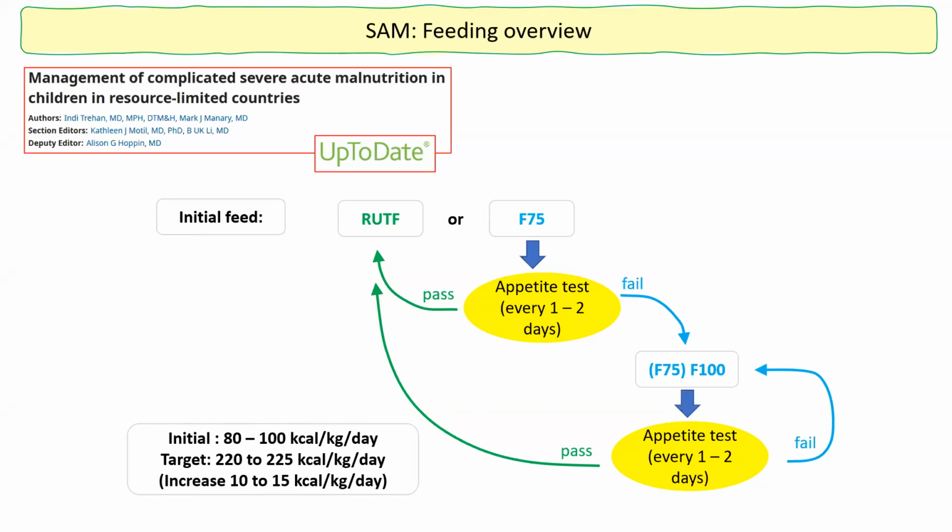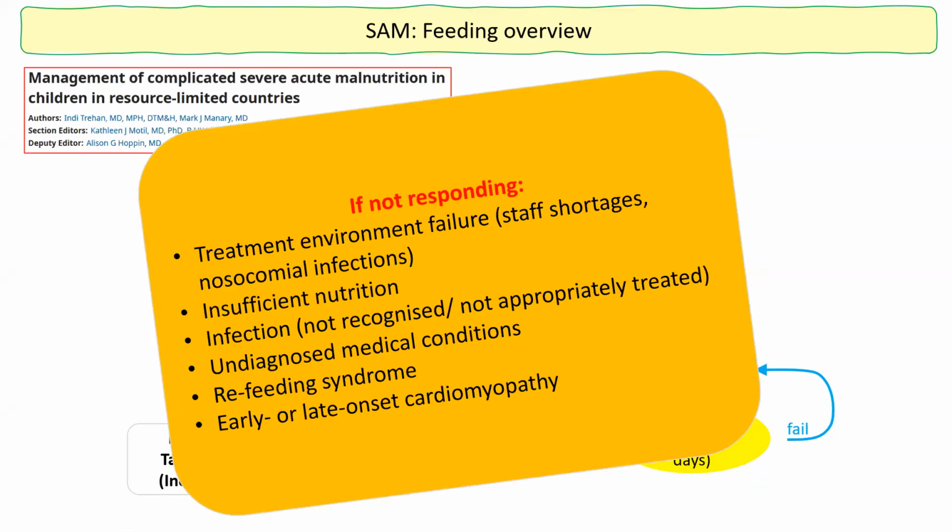If the child is not recovering or not responding, it's very important to go through this checklist systematically. A common reason for treatment failure is what we call environmental failure. These are conditions at the hospital itself, where we have staff shortages and feedings cannot be done promptly, on time, or with sufficient frequency, or the child develops a nosocomial infection.